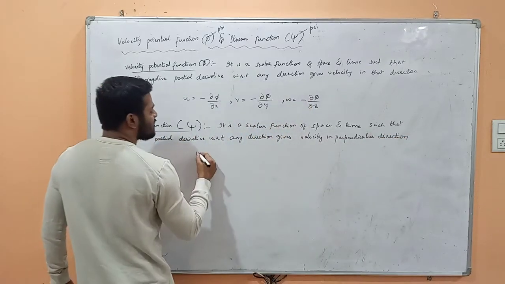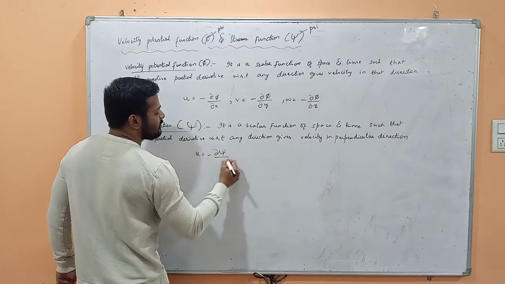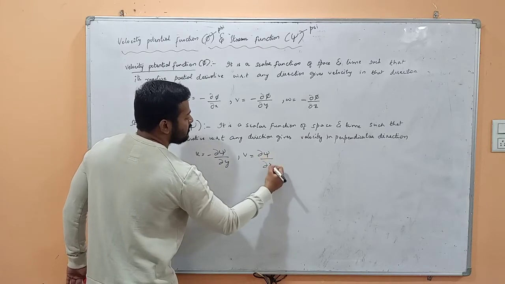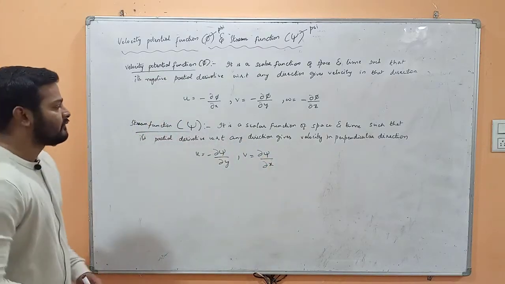So if you have psi, u is equal to minus dou psi by dou y and v is equal to dou psi by dou x. It is only 2D, it doesn't have the z coordinate.